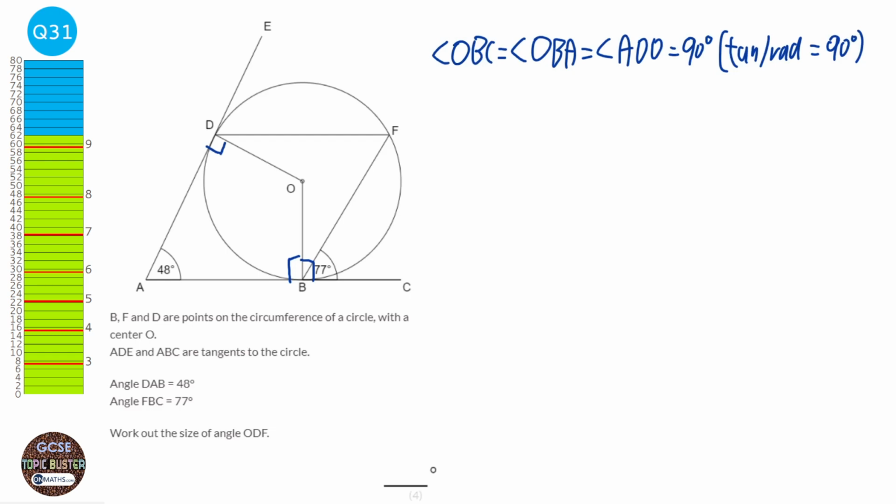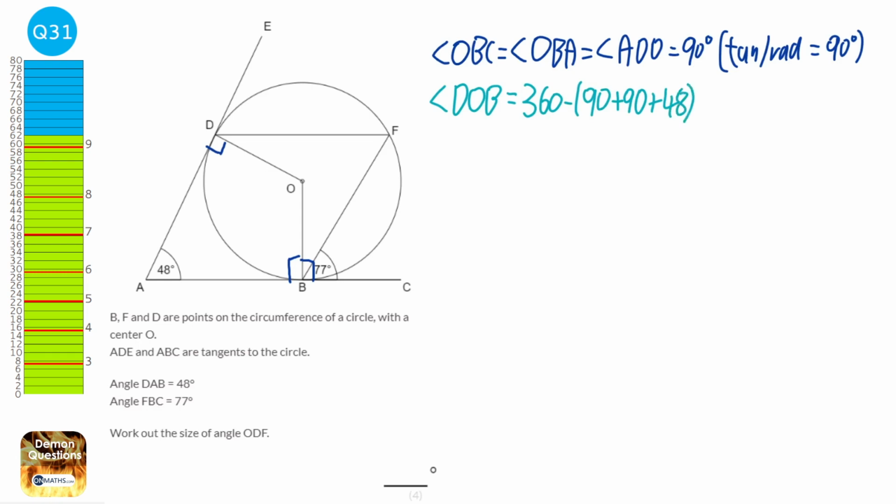same slide. Okay, so the first thing I'm realizing is that there's a nice little quadrilateral here. And whenever we've got quadrilateral and we've got 3 of the sides, we can work out the last one. So angle DOB is going to be 360 take away the angles that we know, so 90 plus 90 plus 48.